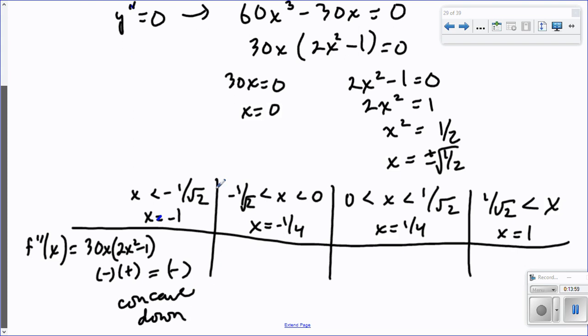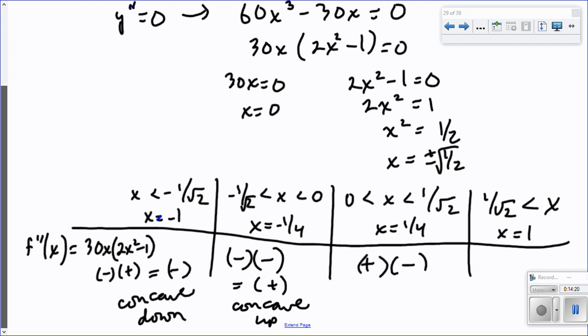This is a turning point. When x equals negative a quarter, I have the product of a negative and a negative. I'll leave the work for you guys. That's a positive, so it's concave up. Here, I've got a positive and a negative.